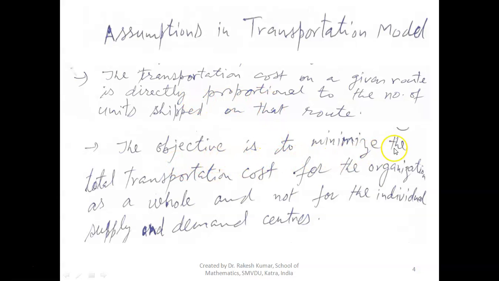The objective is to minimize the total transportation cost for the organization as a whole and not for the individual supply and demand centers. So here in transportation problem, the objective is to minimize the total transportation cost for the organization. It's not just like individual supply and demand centers.